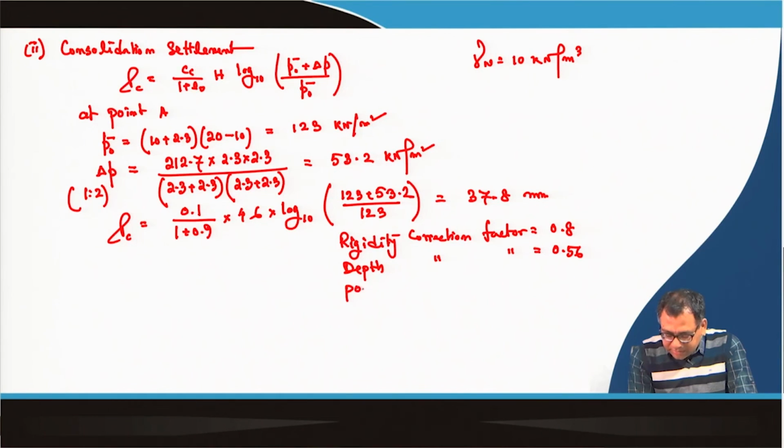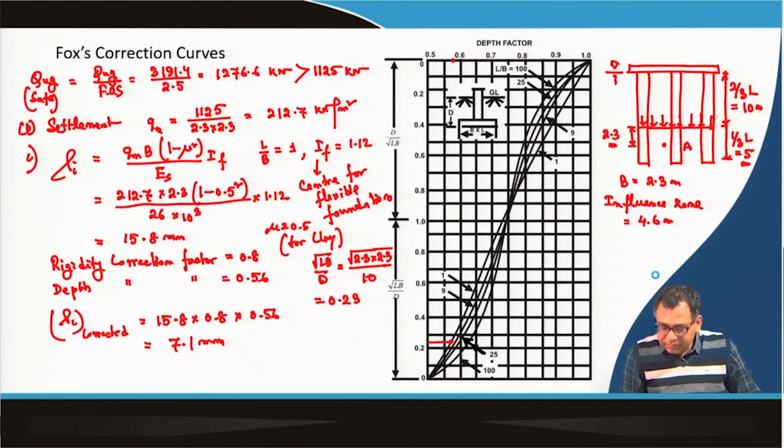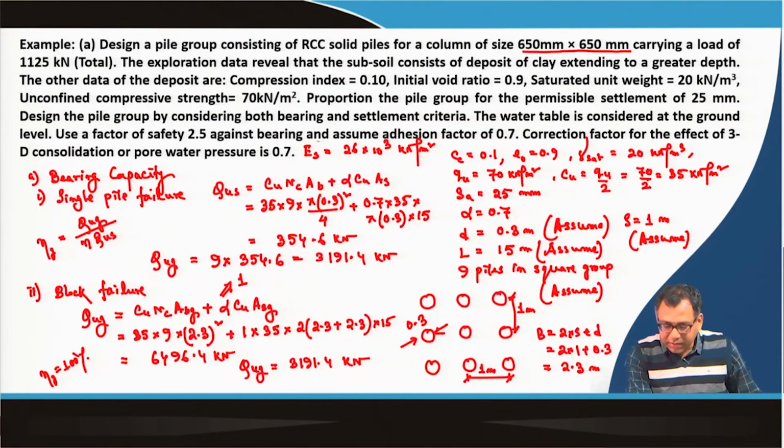Then the pore water pressure correction factor, which is given as 0.7. Pore water pressure correction is 0.7.